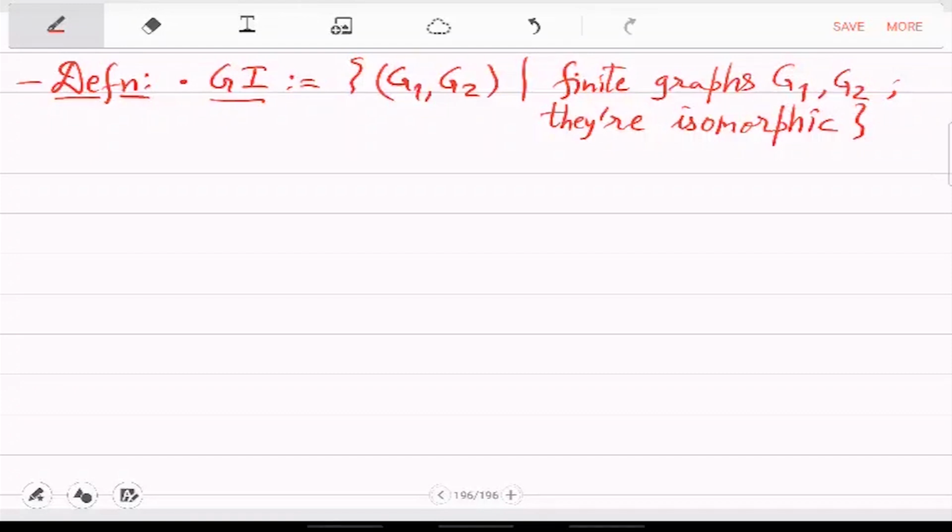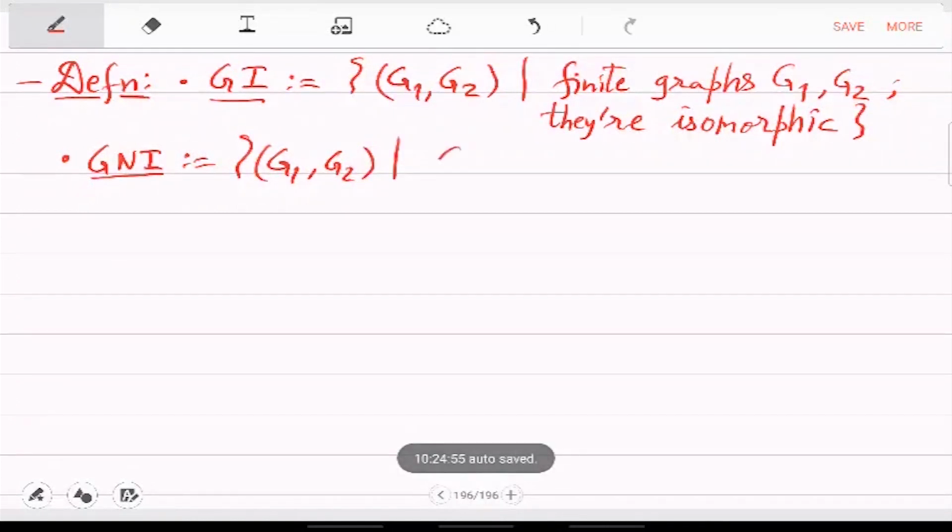So, isomorphic, remember, means that there is a way to relabel G2 so that it becomes equal to G1. So, it is just a relabeling of the vertices. And graph non-isomorphism is the opposite. It is the set of pairs of graphs such that they are not isomorphic. Right. So, isomorphic pairs versus non-isomorphic pairs.